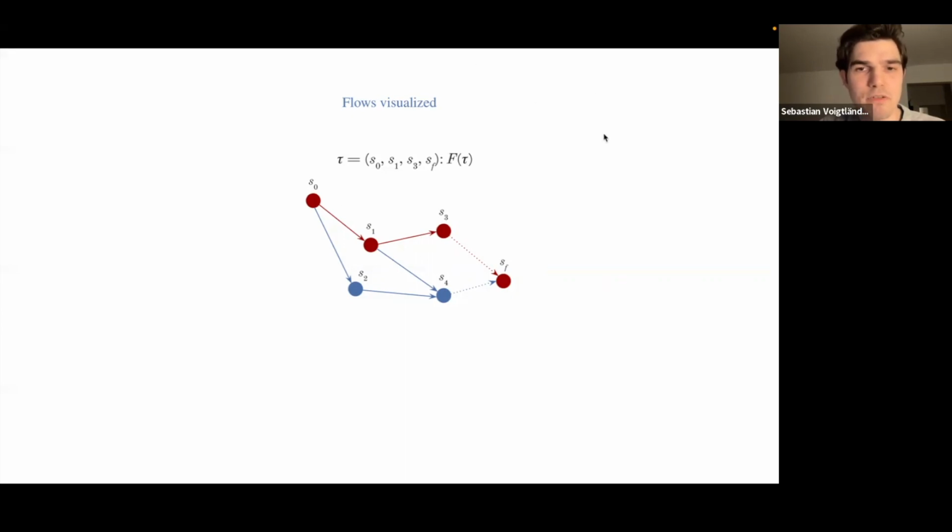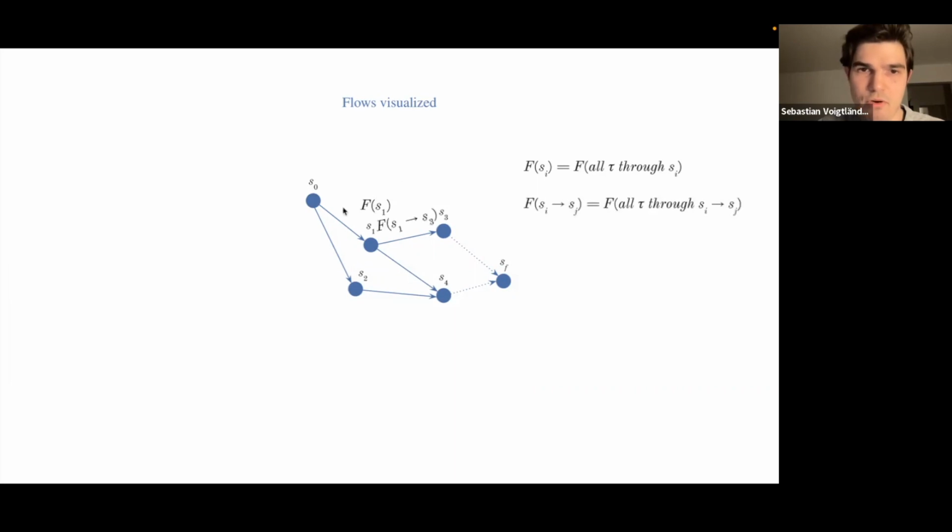The property that you're looking for is that within the graph, the total flow across all nodes and edges is conserved. And the idea is now that from this measure that you define over the trajectory space, you can also derive quantities such as the flow over a single node and the flow across the edges, where the flow through a node, you can imagine as a flow of some physical quantity, such as particles or water.